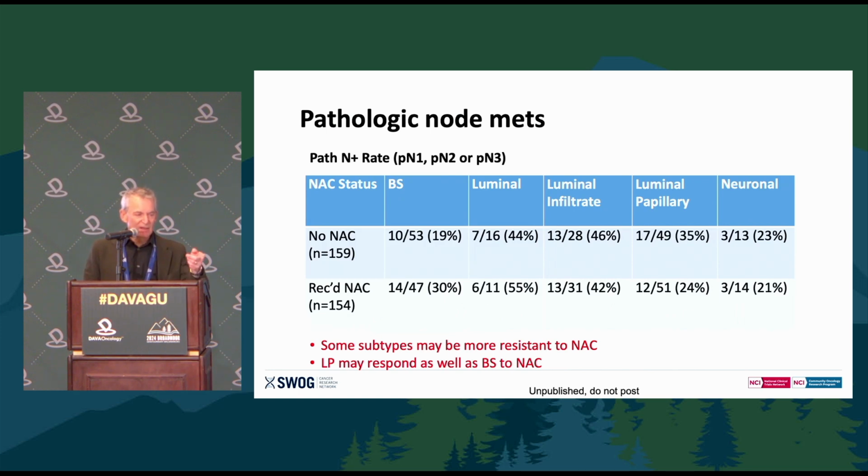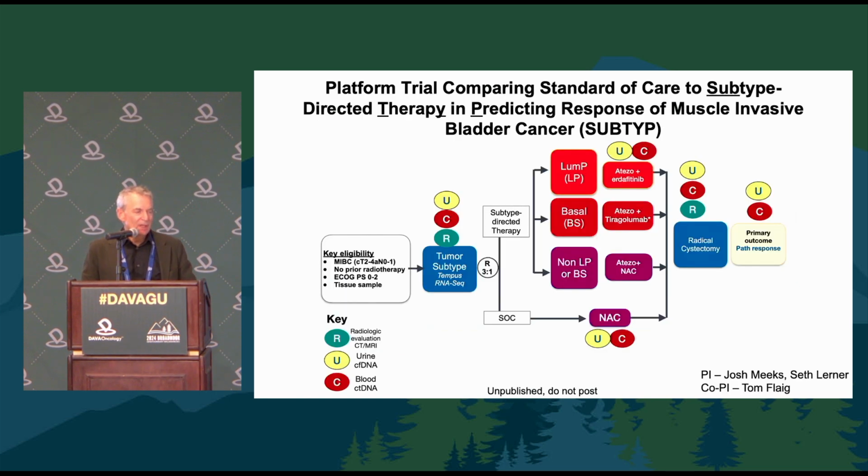So this is pathologic node metastasis with and without chemotherapy, suggesting that some of the subtypes are likely more resistant to neoadjuvant chemotherapy. That's not a novel observation. And then, so we've been thinking about how to bring this into the clinic for years. It's been kind of a pet project of mine, and working with Josh Meeks and Tom Flagg.